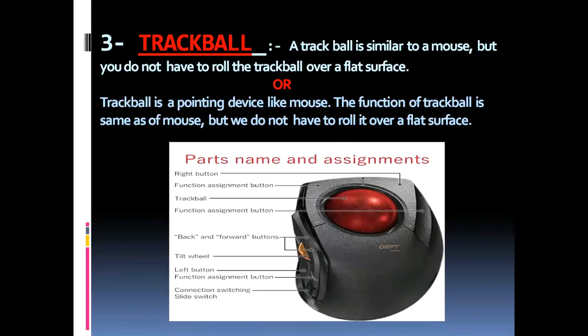Next is a trackball. What is a trackball? A trackball is similar to the mouse, but you do not have to roll it over a flat surface. A mouse requires a large space on the desk to move properly. In many situations it becomes difficult to provide space. Therefore, a trackball can be used instead of the mouse.